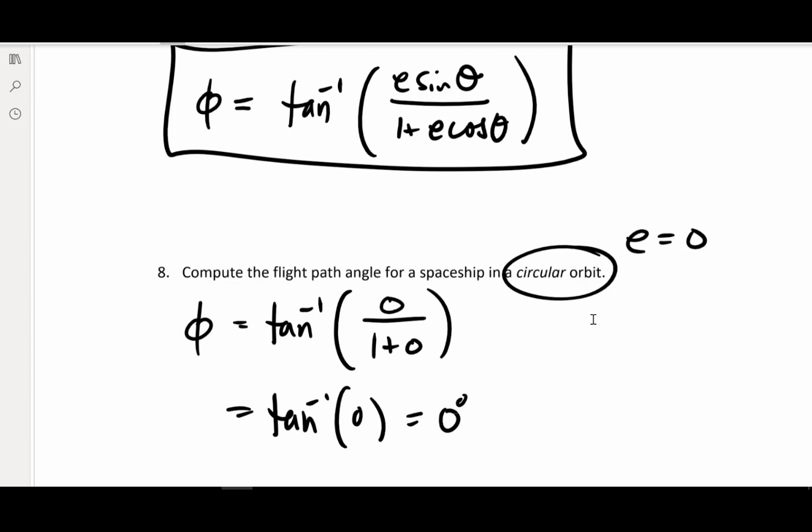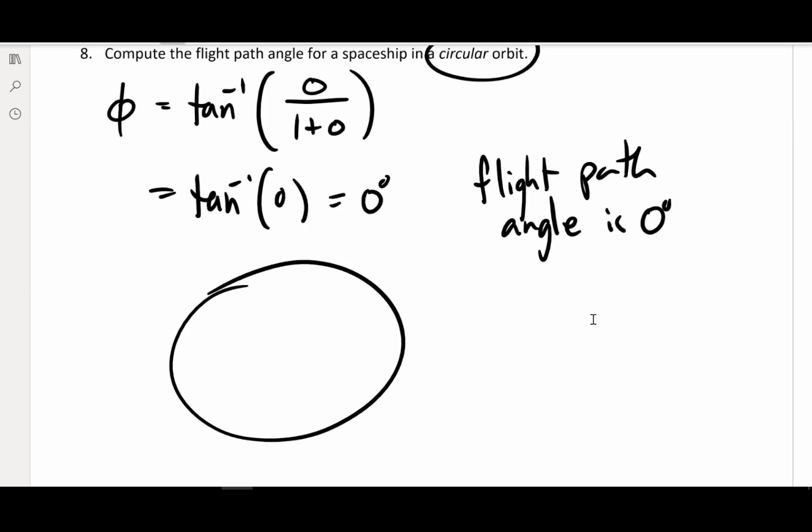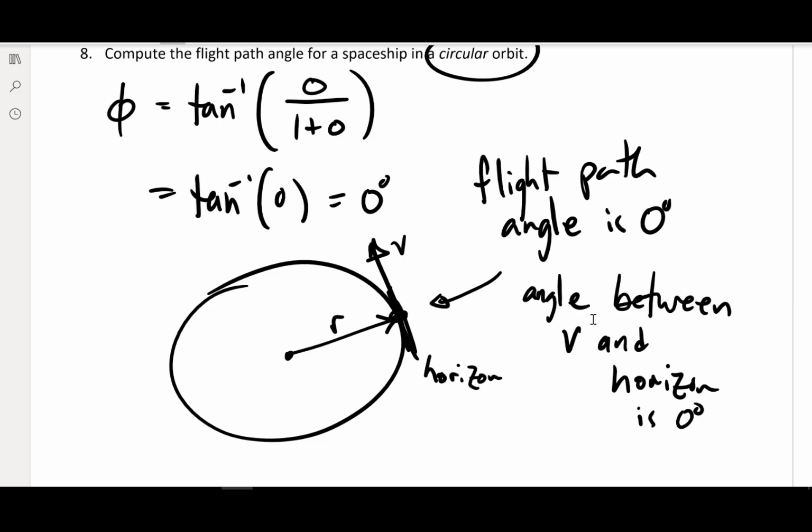So the flight path angle remains 0 the whole time. That makes sense because as we're going around in a circular orbit, this is the position vector and this is the velocity. You're exactly in the direction of the horizon. So the angle to the horizon is 0. Flight path angles remain 0 all the way around that circular orbit. So the horizon and the velocity, they're parallel, and the angle between them is 0.